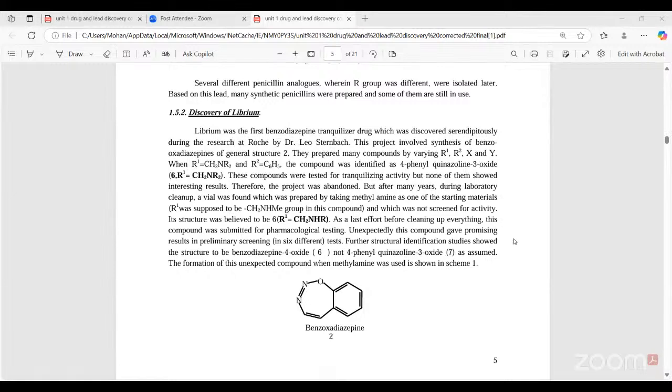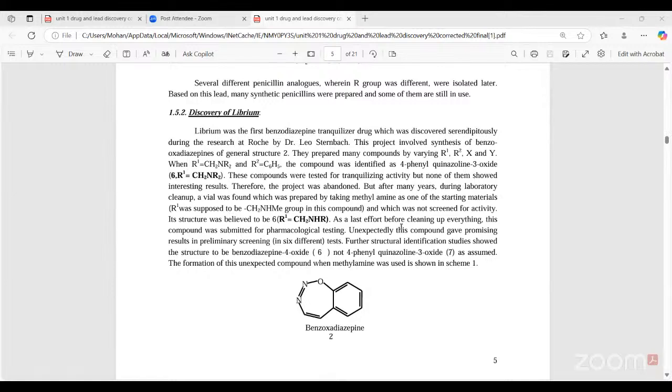But after many years, during a laboratory cleanup, a vial was found which had been prepared by taking methylamine as one of the starting materials, and which had not been screened for activity.